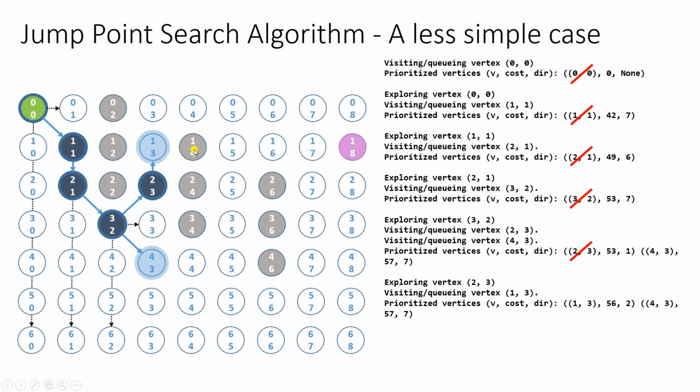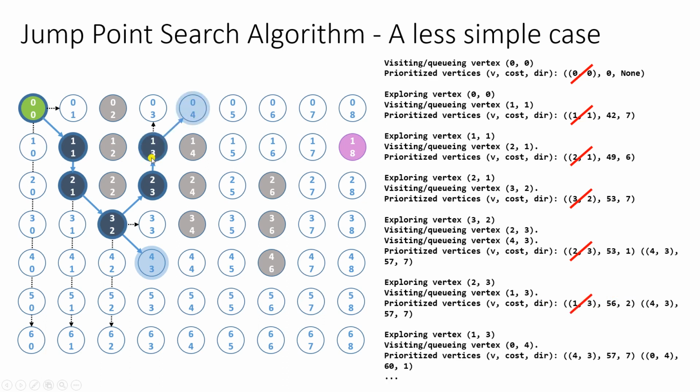Let's go one step further. Let me check. You can always use the priority queue if you're not sure which one is the next one. The cost is 56 for vertex 1, 3. So we'll explore vertex 1, 3. Let's go and do that. And what happens?